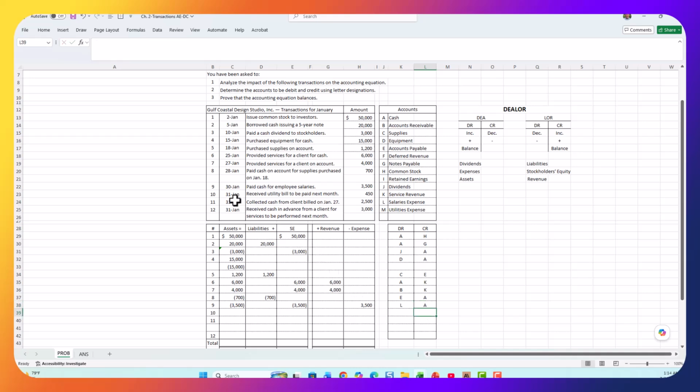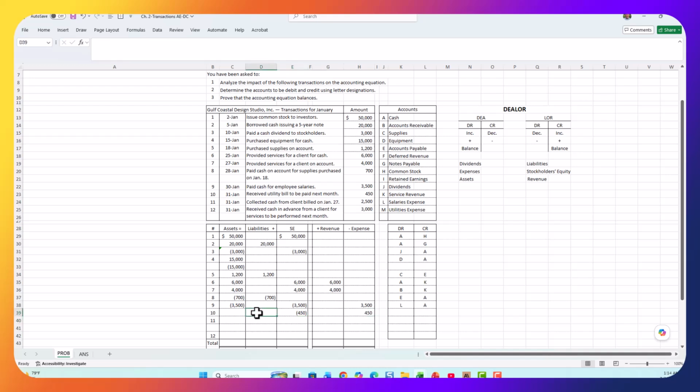January 31st, received a utility bill for $450. It'll be paid next month. So in this transaction, no cash moves, but the expense is still incurred. Utility expense, because it's an expense, will decrease stockholders' equity.